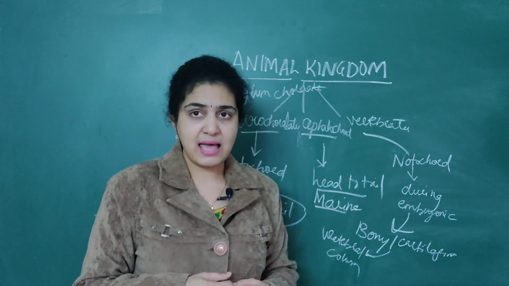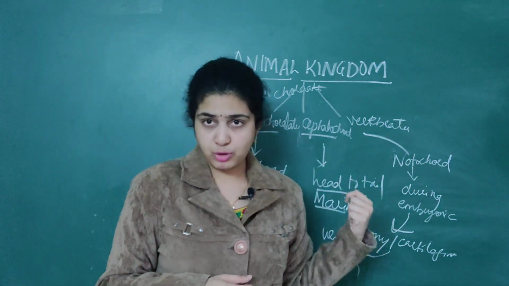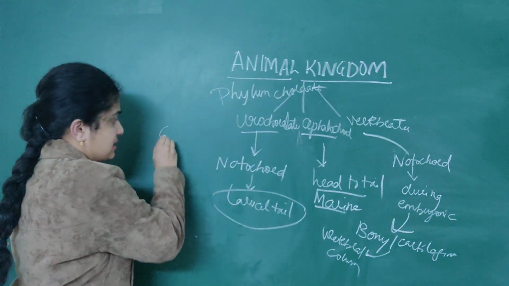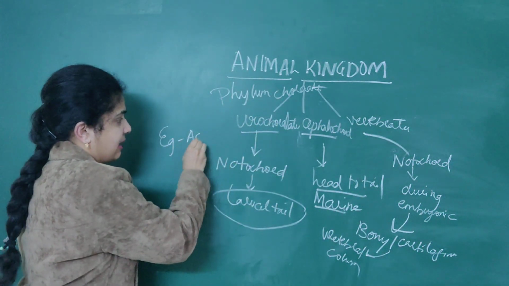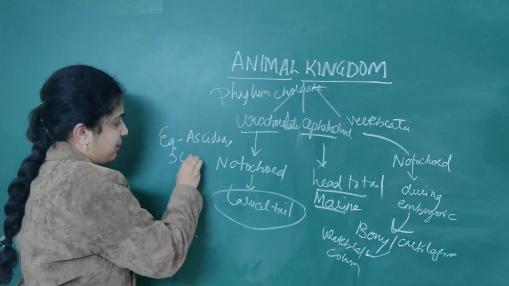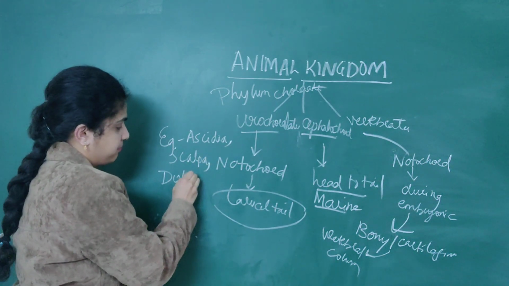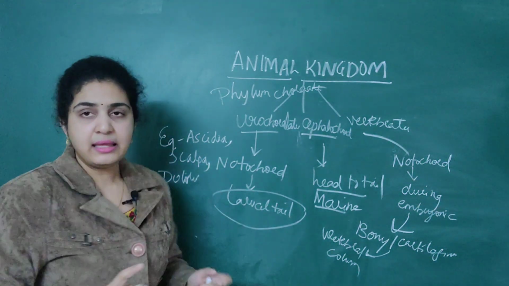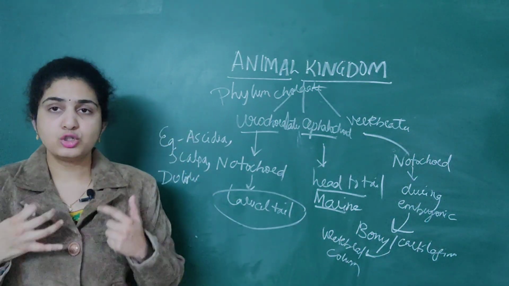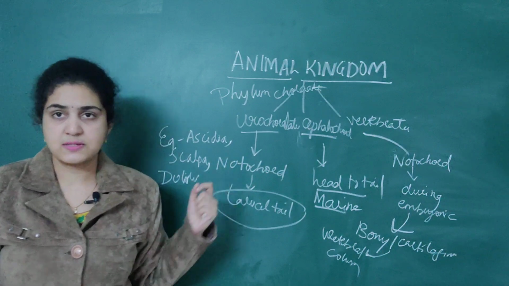Now we will go to examples related to this. Examples of urochordates are Ascidia, Salpa, as well as Doliolum. Ascidia, Salpa, Doliolum. Just write down these specific features.